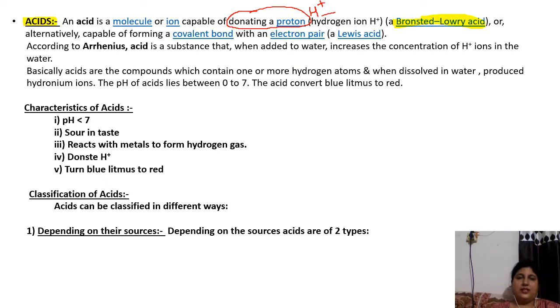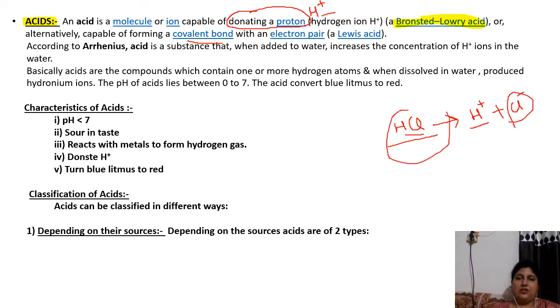So they result in the formation of a covalent bond. For example, HCl. ठीक है? In HCl, it loses a hydrogen ion and results in the formation of a proton and chloride ion. एक प्रोटॉन लूज कर रहा है और क्या रिजल्टेंट बना रहा है? क्लोराइड आयन.